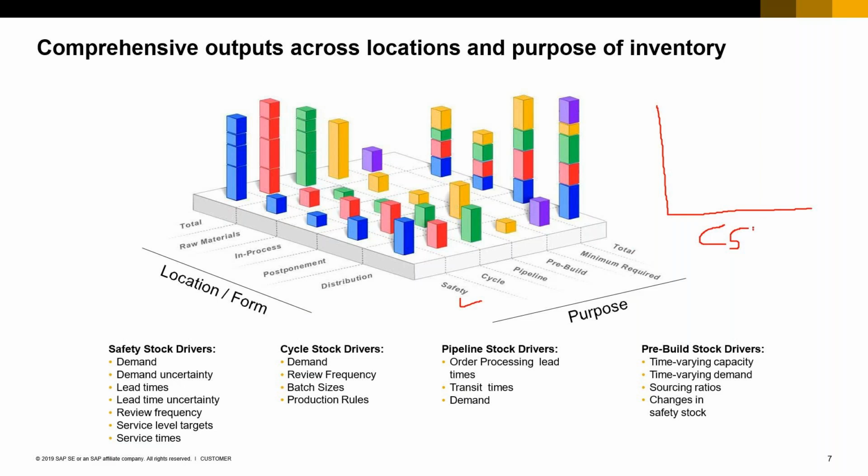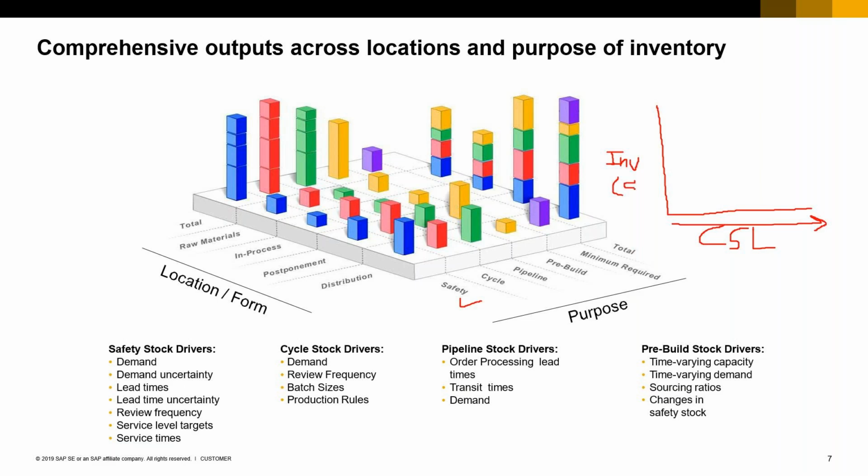So if we try to understand overall, let's say that this is customer service level, right? It is in this direction. And what you are saying is the safety stock applies to raw material, in process, post-part, like safety, cycle, pipeline, pre-build, minimum required, all have a relationship to the location and form, right?